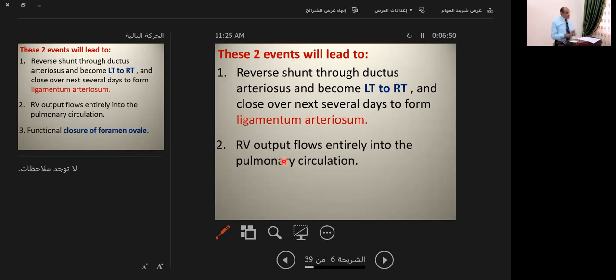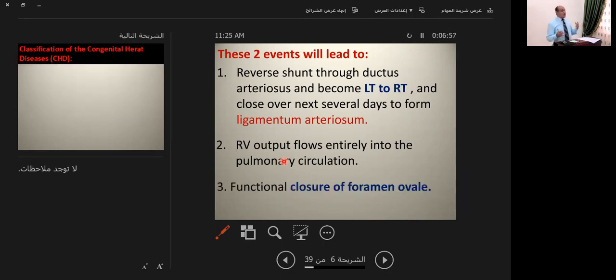Another event: the right output flows entirely into the pulmonary circulation, as I said, and there is functional closure of the foramen ovale. Because of the increased systemic resistance and decreased pulmonary vascular resistance, the pulmonary circulation will be increased 2 or 3 times more than in fetal life. So the pressure in the right atrium will be high, and there will be functional closure of the foramen ovale.